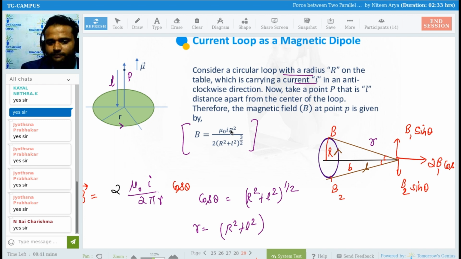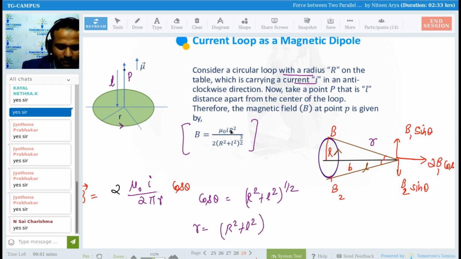Now it is correct. Put the value of mu naught, which is pi. I r square upon 2 r square, 2 pi r or 2 r. Give me a moment.